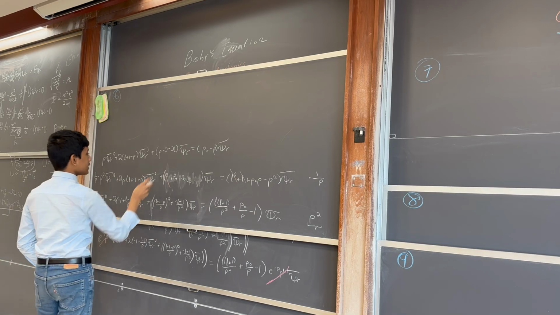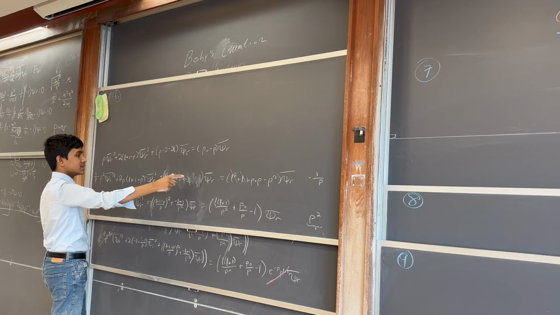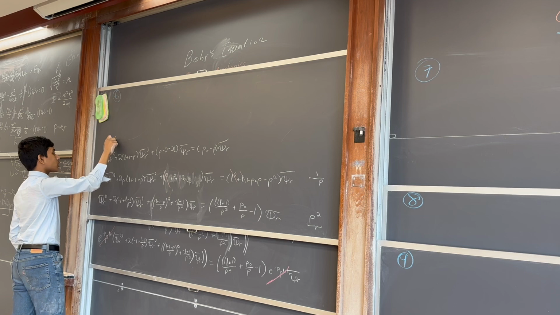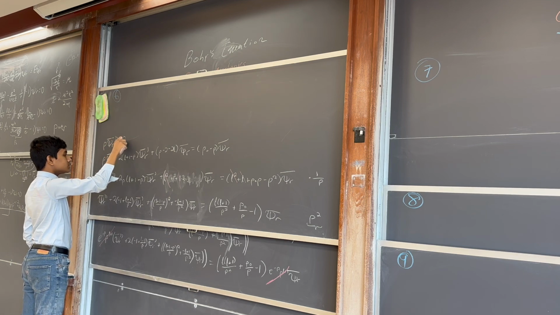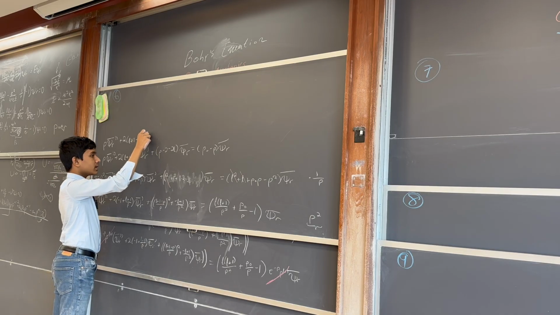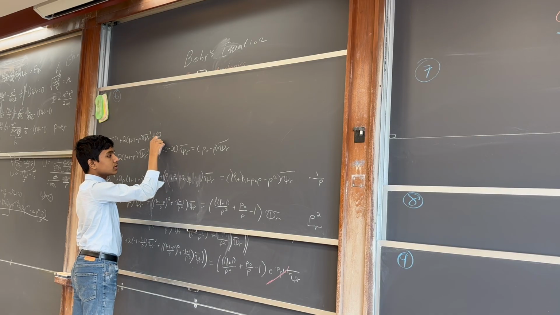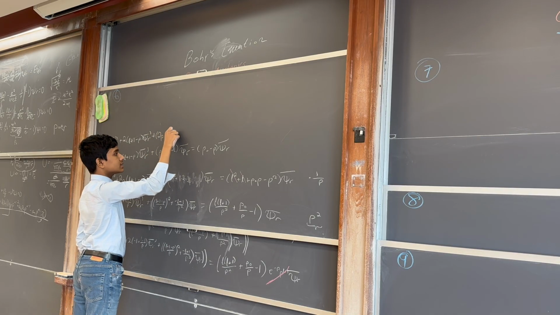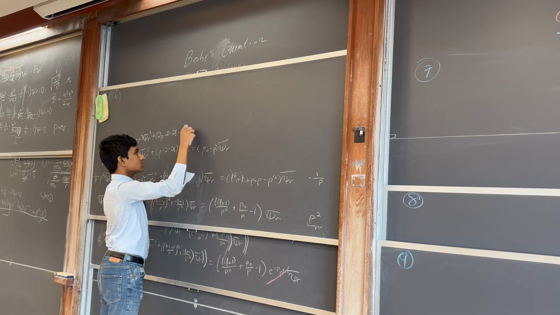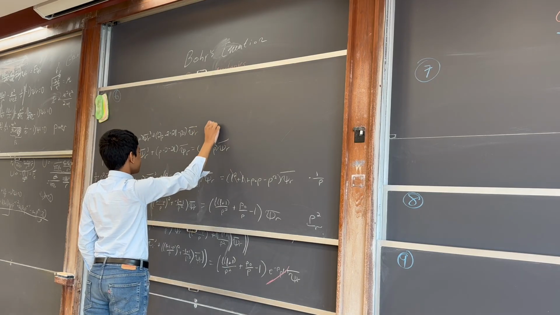And so when you bring this over to this side, you get rho psi r overline double prime plus 2(L plus 1 minus rho) psi r overline single prime plus, this becomes 2 rho minus 2 minus 2L minus rho naught, psi r overline is equal to 0.